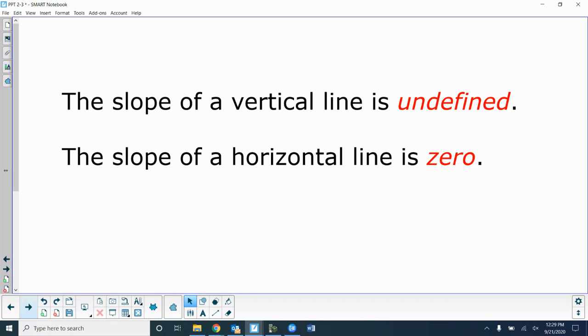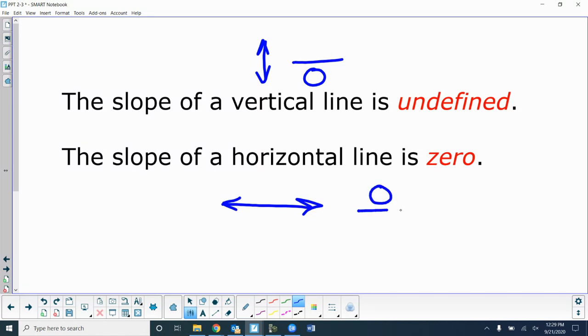All right, the last thing. The slope of a vertical line. Vertical line is which way? Up and down. Is undefined. So your fraction will have a 0 under it if you're trying to write a fraction for it. Okay? The slope of a horizontal line, that's this way.